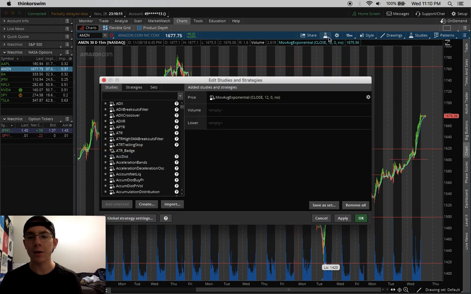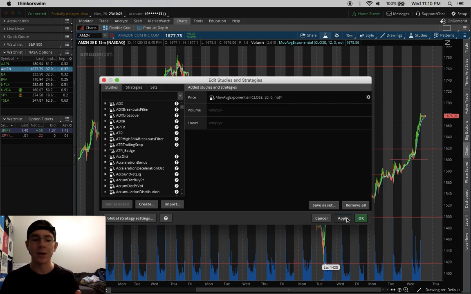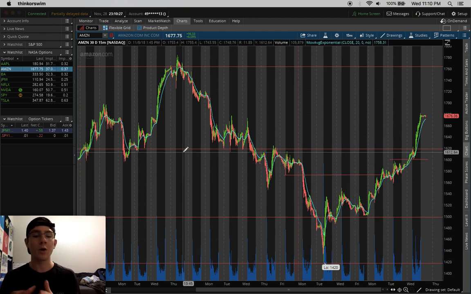And for using this, I would move it up to 20. Again, adjust, play around. There's no perfect way to do it, and it all just depends on how you see success in doing it. So if you can see here, we're basically just trading moving average crossovers, right? That's all we're doing on a trend following system.